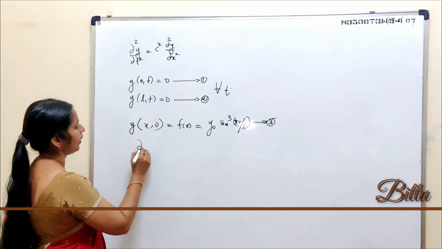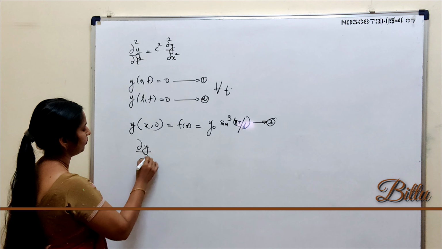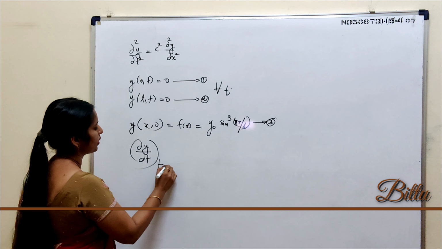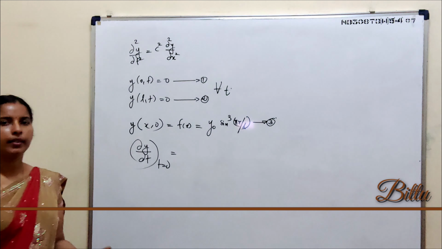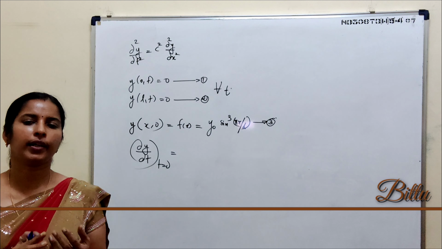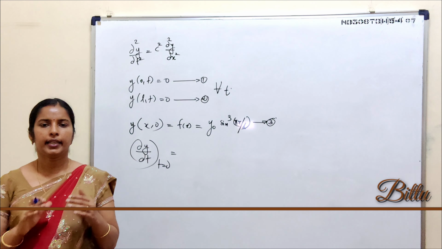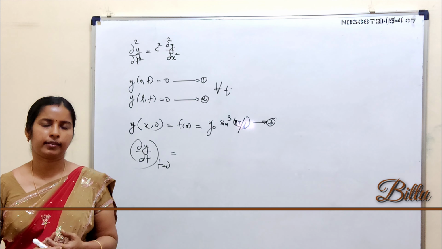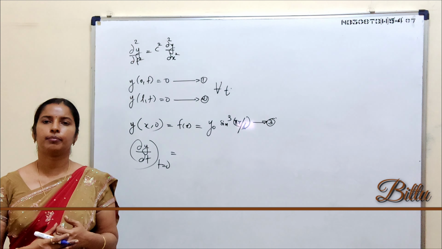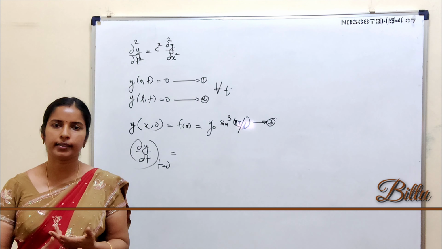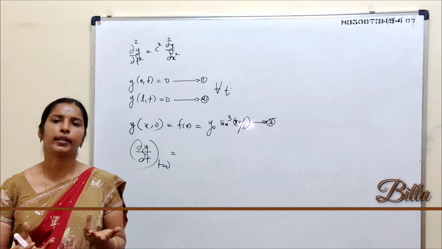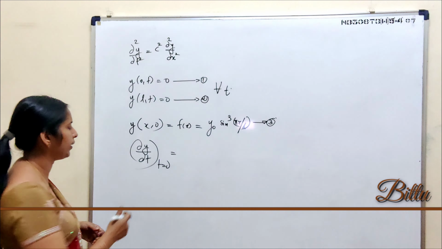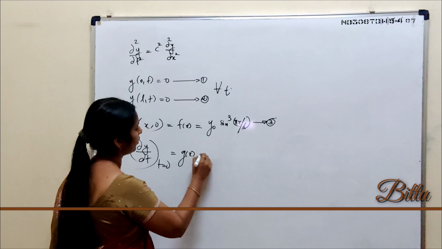Next is regarding velocity, its initial velocity. See, initial velocity is not given, but it is very clear. Initially, it is in a position and it is released from rest. The string is released from rest. That means its initial velocity is 0. So you take g(x) as 0.